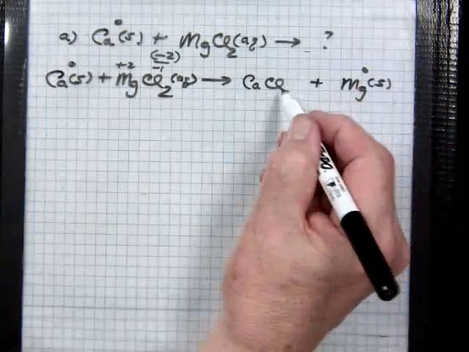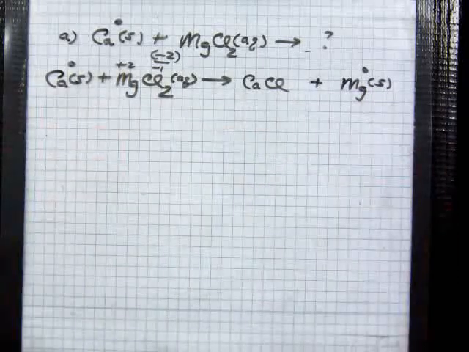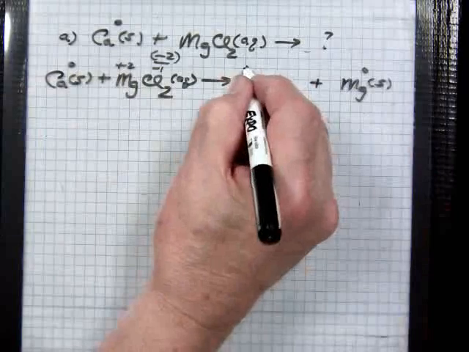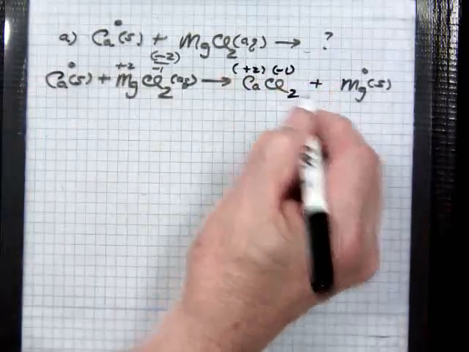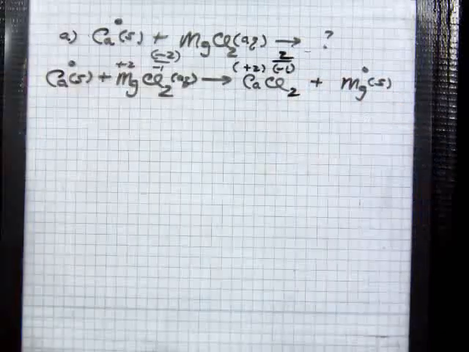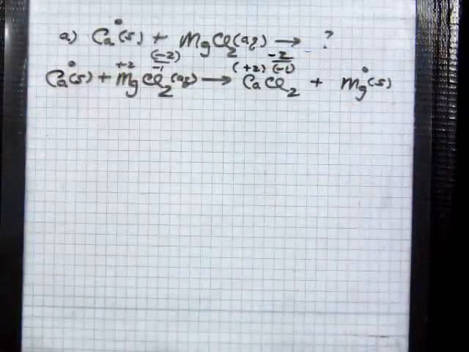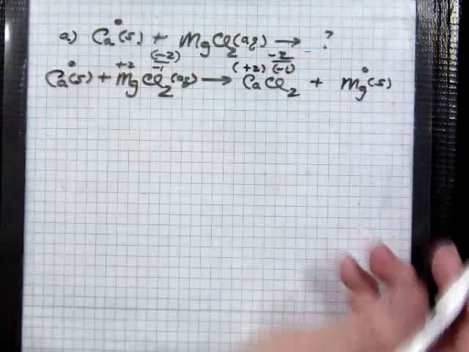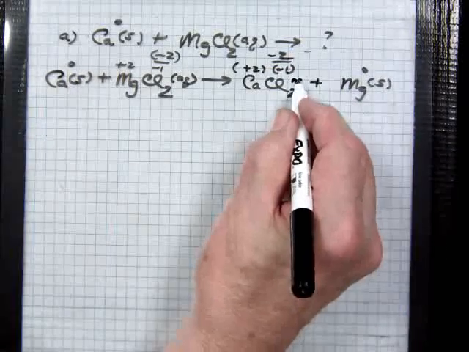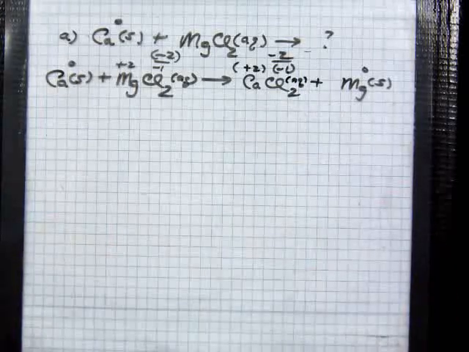But is calcium chloride written in the proper format? No, because calcium is a plus 2. Chloride's a minus 1. And so I'm going to need 2 of those to balance the charge to 0. And that's aqueous. Then we balance it by mass.